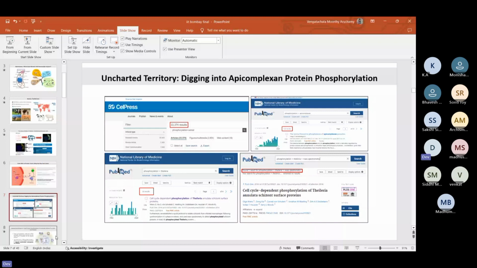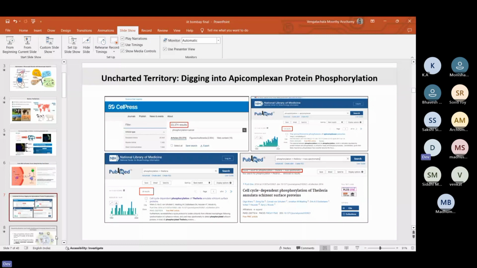But if you look from a global perspective, to study the global phosphoproteomics, there is only one paper, which only studied the schizont stage of the parasite and no study on the host molecules. That's why it becomes very important to study this post-translational modification to identify new molecular targets to cure this disease.